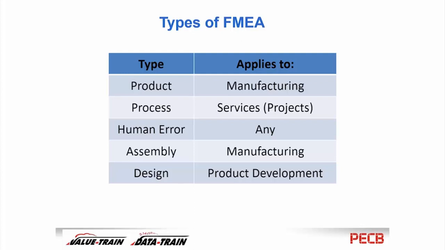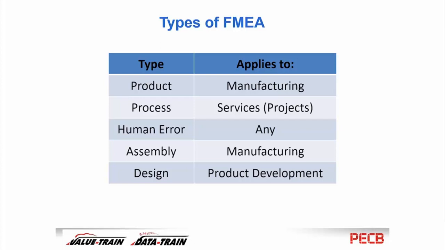Despite the fact that this was started in high-tech equipment systems, right, rocket ships and spaceships and automobiles and that sort of thing, FMEA can be used for virtually anything. So it can be used for products. It can be used for processes in any service industry.